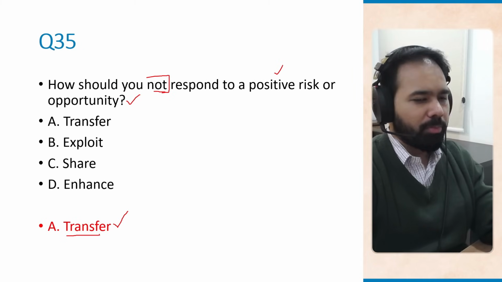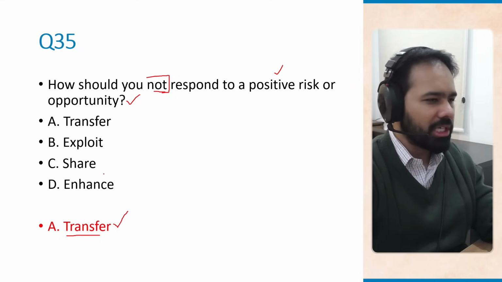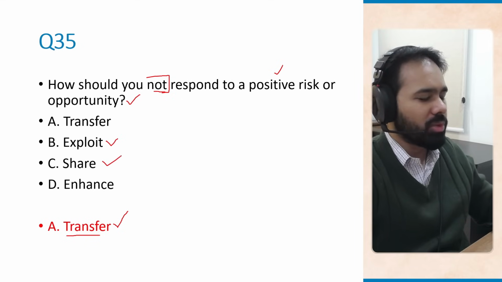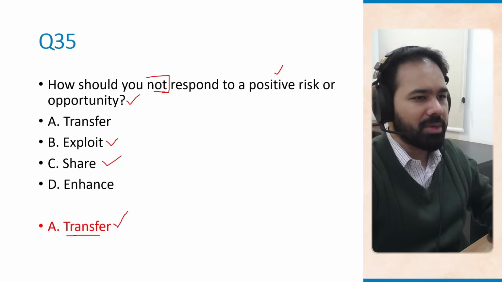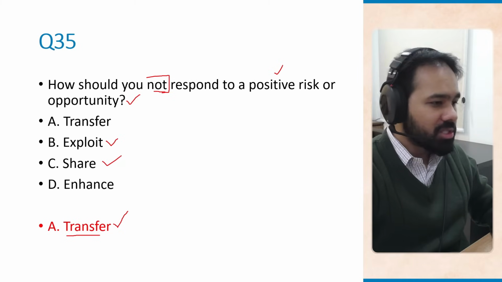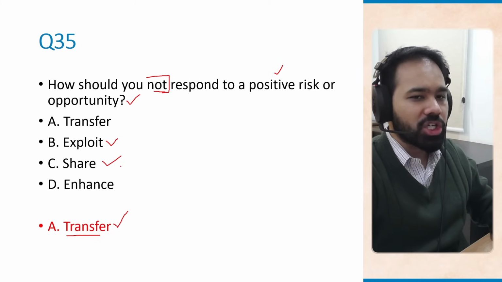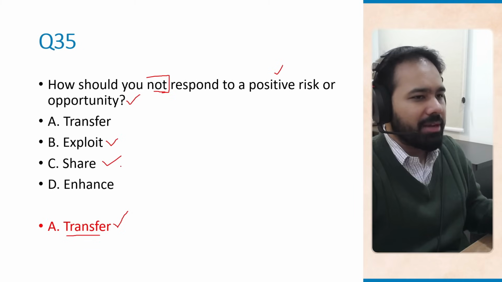For positive risks or opportunities, you exploit them, which means you ensure that this opportunity materializes, or you share them. You can partner with someone to capture the benefit because maybe you yourselves do not have the capability to make sure that this opportunity can be fully materialized or can be fully utilized.